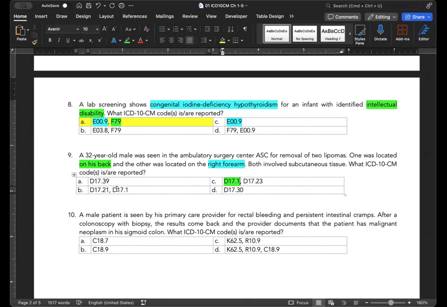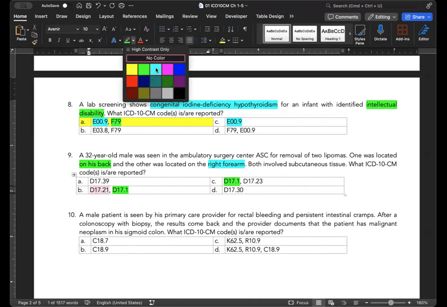So it'll be D17.23. No, hang on, that's leg. I know, I had to look at that too. So the forearm is 2-1. Yep, D17.21.